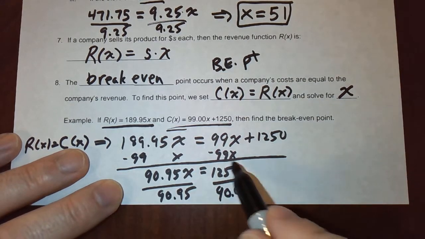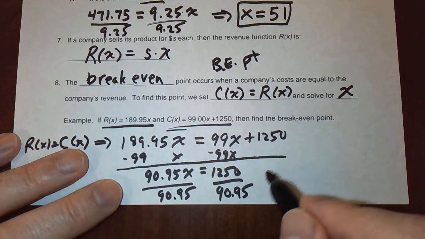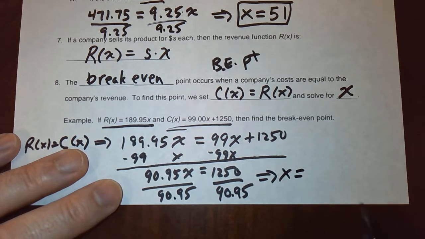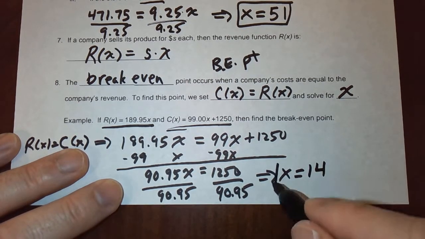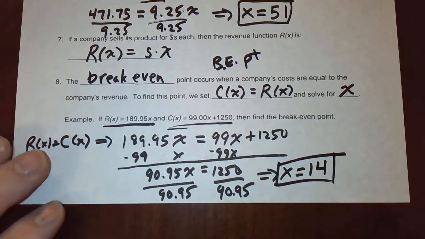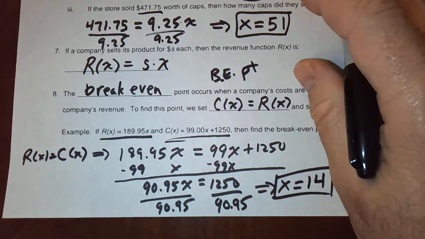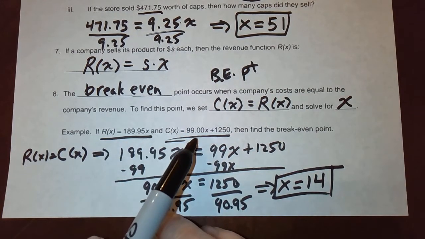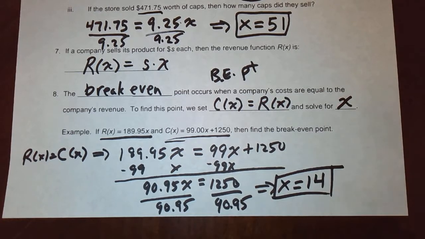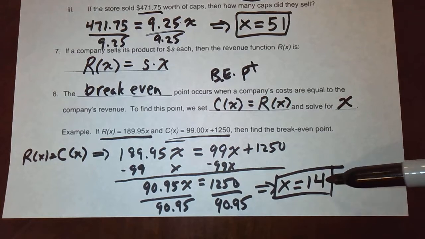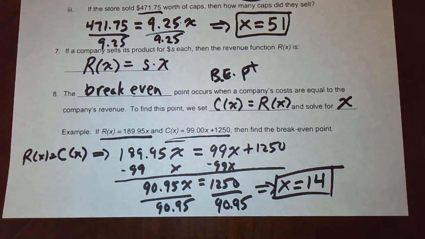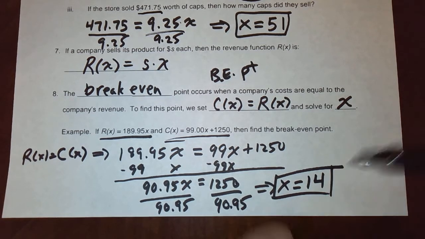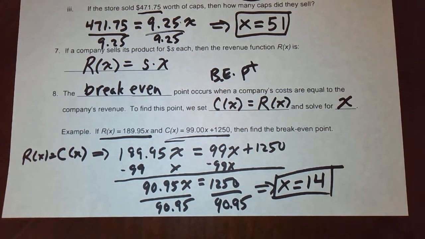So x is this fractional value here, which means if we plug it into the calculator, we find out that's 14. So what this tells us in this very simple example is that the company that has this revenue function and this cost function, if that company produces and sells 14 items, it's going to exactly break even. So 15 items means it would have a profit, but 13 items or any number less than 14 would mean the company has a loss for that month.